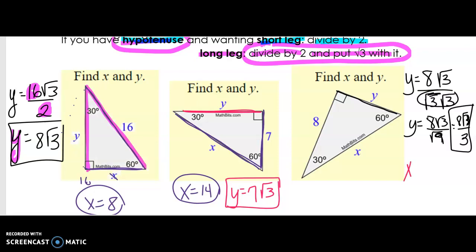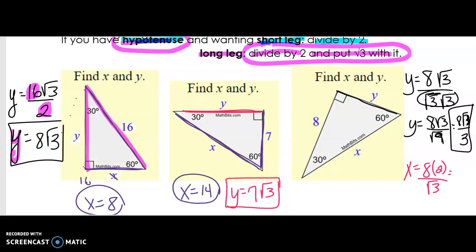Then, if you have the long leg and you're looking for the hypotenuse, you're going to multiply by 2 and put square root of 3 on top, because the hypotenuse is twice as big as the short one.